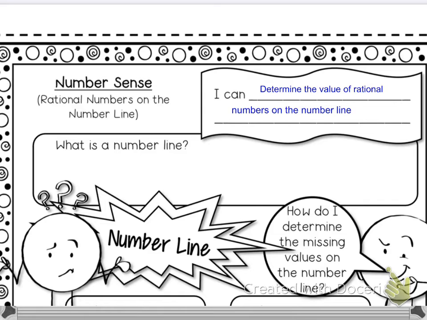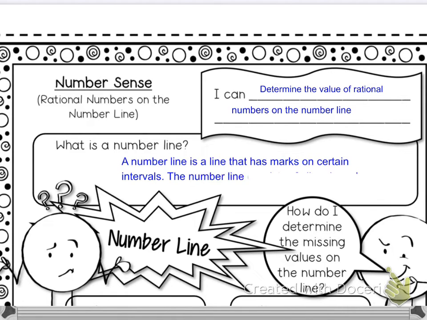So let's look closer, and this is going to be a little bit of a review because you guys have already been doing some plotting numbers and some adding and subtracting on the number line. So let's get a good definition for what a number line is. A number line is a line that has marks on certain intervals, and it consists of all real numbers. Most often each mark or interval is 1.